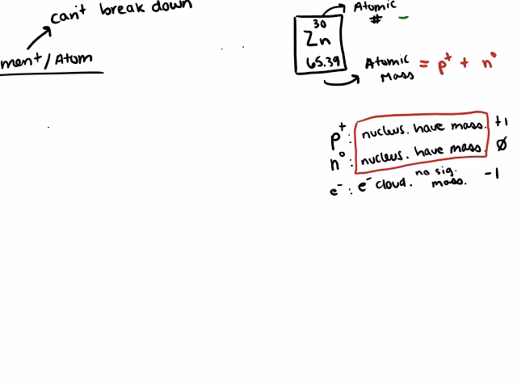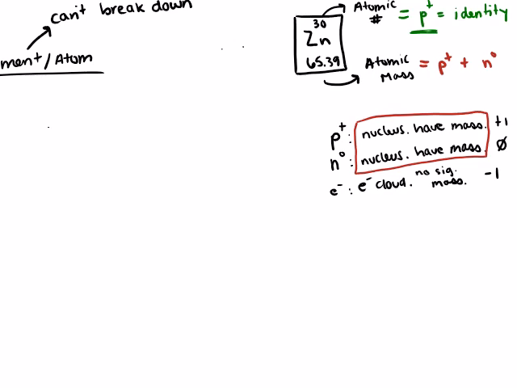This atomic number tells us the number of protons, which is the identity of the atom. Zinc has 30 protons, but gallium has 31. Copper has 29. When you change the number of protons, you change the atom you're working with.